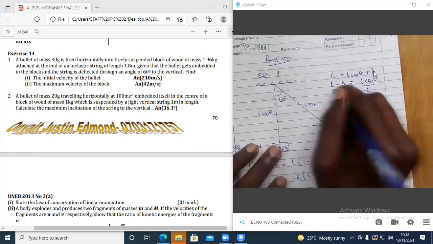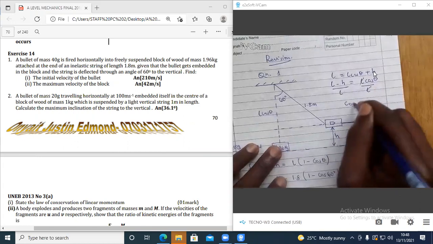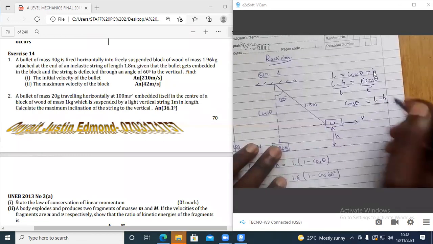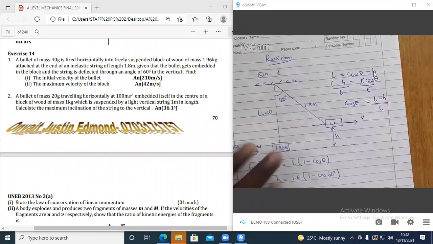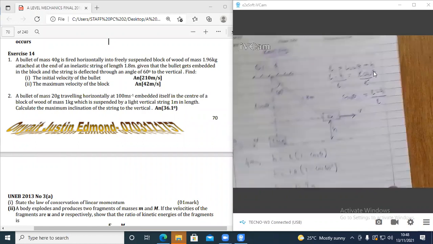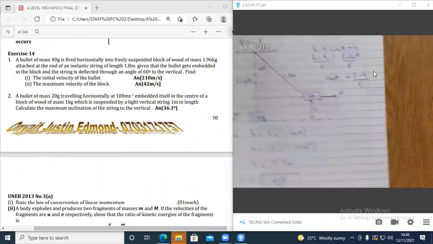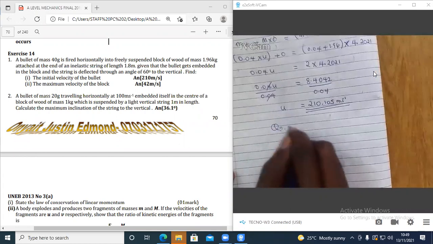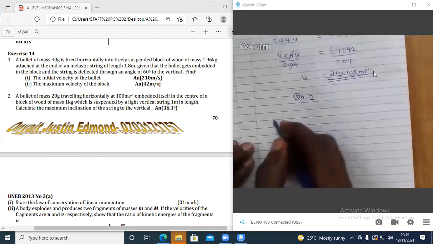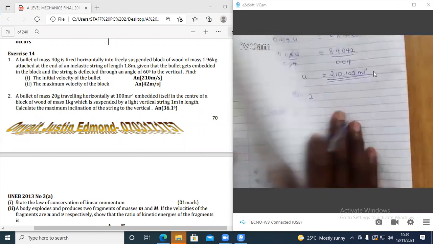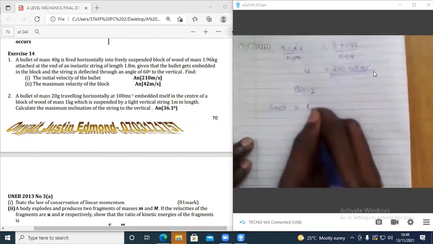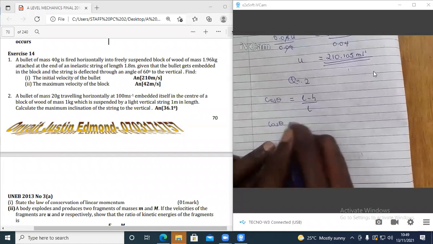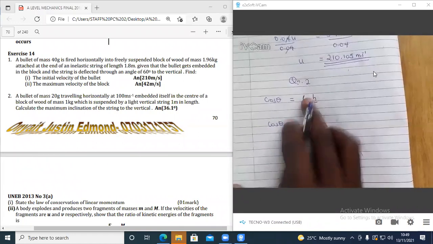So divide all through by L. We find that cos theta is equal to L minus H over L. That's also another formula you can use. So for question number 2, the shortcut is cos theta equals L minus H over L. So what is our L, Brenda?